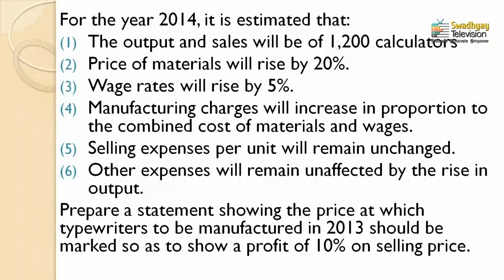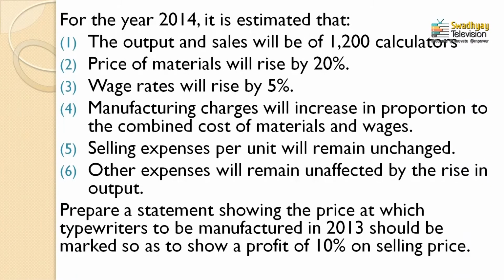The sixth adjustment is other expenses will remain unaffected by the rise in output. It means that the remaining expenses, except manufacturing expenses and selling expenses, that is only one expense remaining, admin expenses. Admin expenses will remain unaffected by the rise in output. It means it will remain the same as the amount incurred in the year 2013, and the same in the year 2014 also.